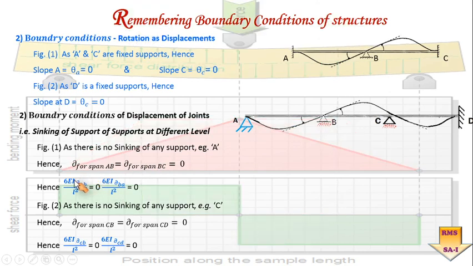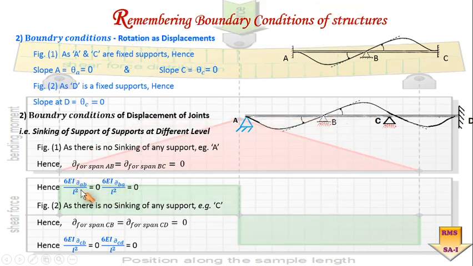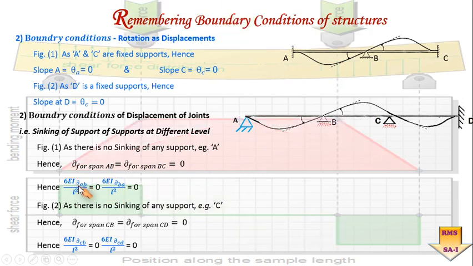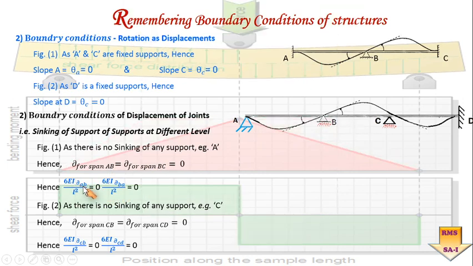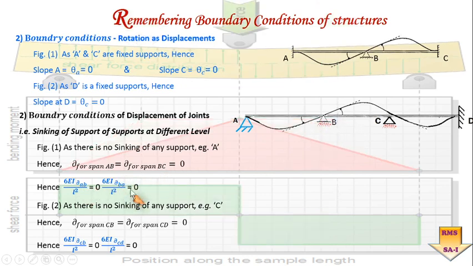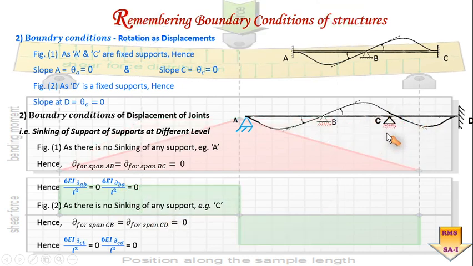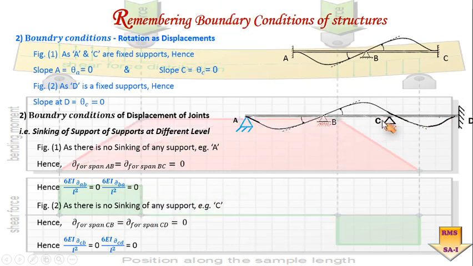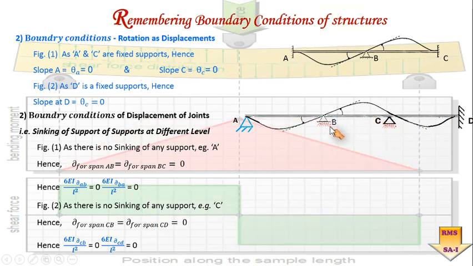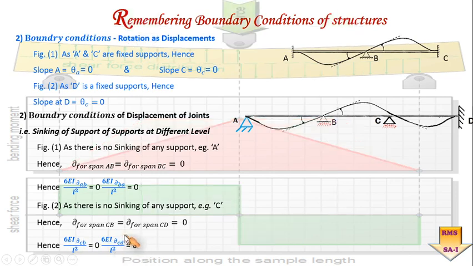That's why in that governing equation this term, 6EI delta AB by L square, will be equal to 0. Similarly for the other end moment also it will be equal to 0. Similarly, if joint C doesn't have any sinking effect or level difference of the support, then delta for CB is equal to 0 and delta for CD should be equal to 0. That is why in the governing equation these two terms will be equal to 0.